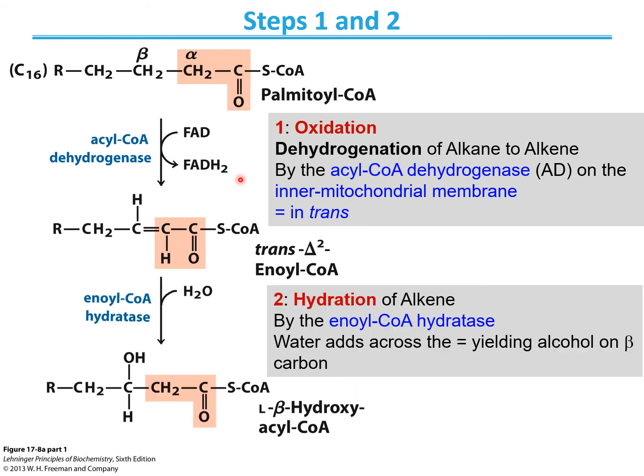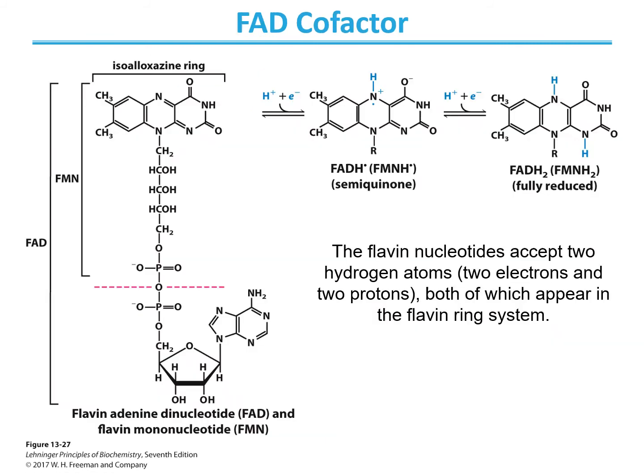Then the second step is a hydration with 1 molecule of water, and this yields an alcohol here on this beta carbon. This is done by the enoyl-CoA hydratase. So this is how FAD will accept 2 hydrogens and 2 electrons onto the flavin rings of this whole FAD molecule.